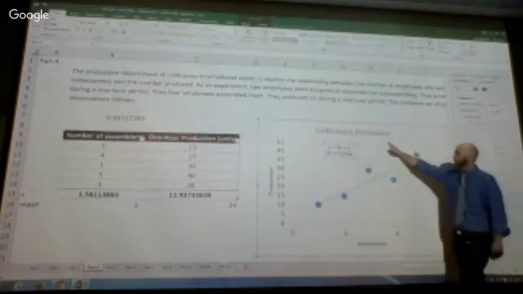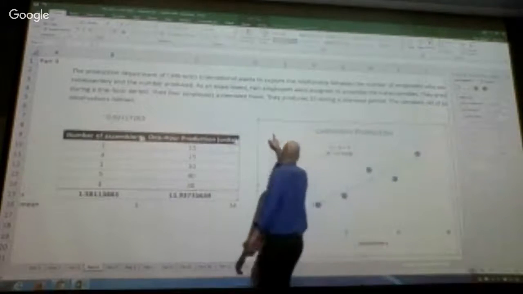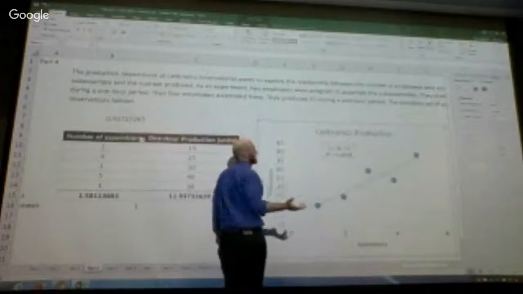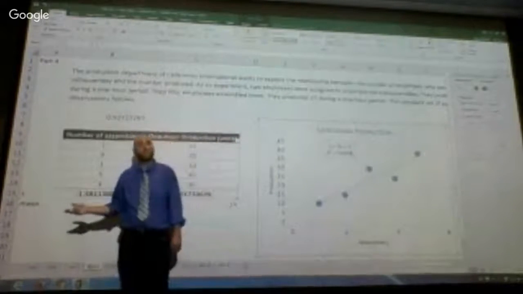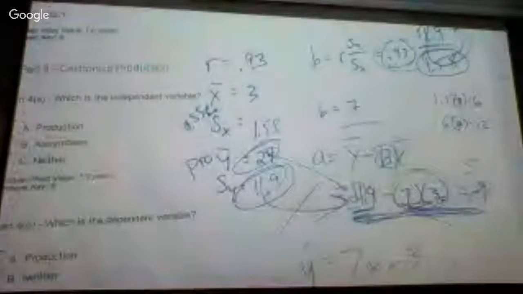We would probably expect to get something like 50, maybe 52 widgets produced. Or 7 times 7 is 49 plus 3 is 52. In other words, 7 times 7 plus 3 equals 52.